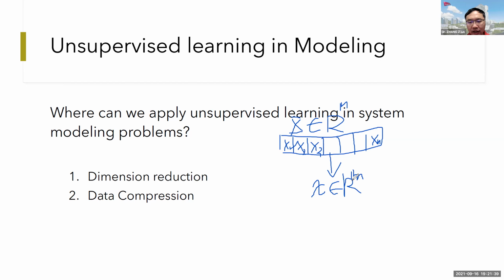Dimension reduction is different from feature selection. Feature selection means we select a subset of the elements from this set X. Dimension reduction means we regenerate a lower dimensional set, which has actually different values, different elements. Such dimension reduction usually means representation learning.